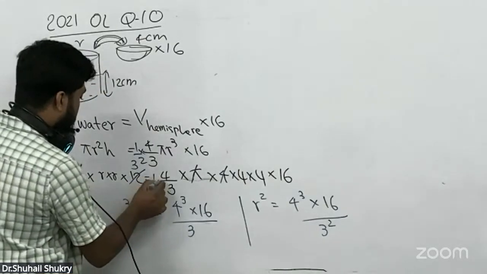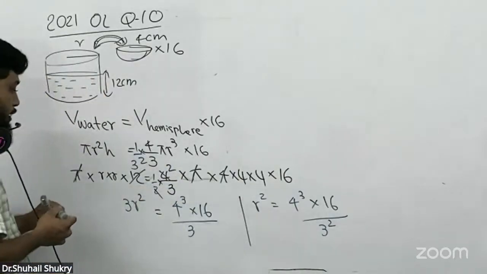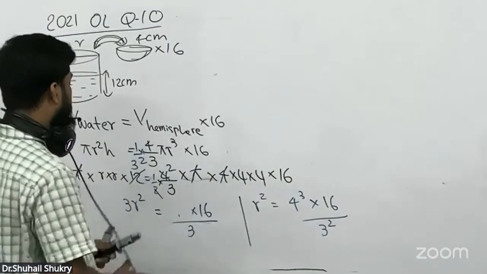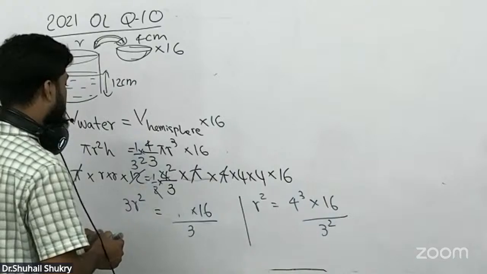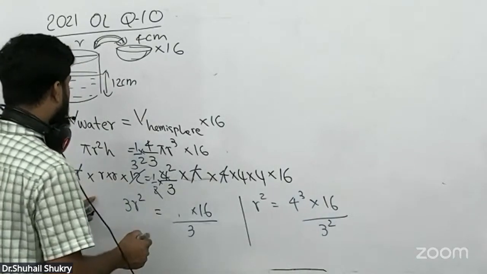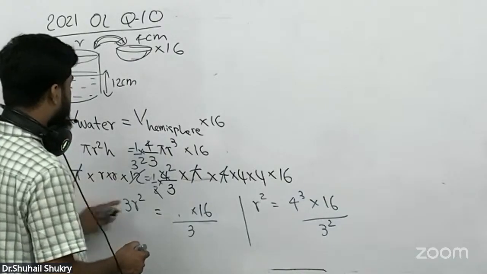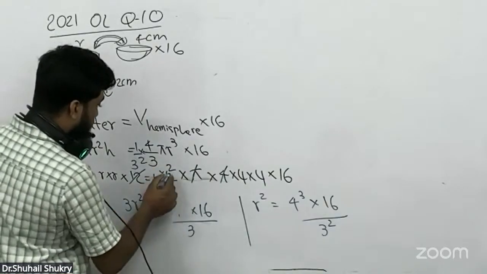I get a half. So this 2 and 4 I can simplify, and I can write 2. What will I get? 2 into 4 to the power 2. This will be 2. It's right. Only that will be the problem. Then this is 3r squared. And this 2 here will be written as 2.